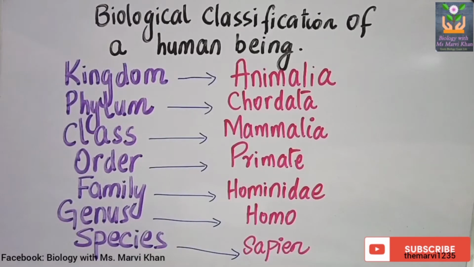Let's talk about the biological classification of a human being. We belong to kingdom Animalia. Our phylum is Chordata. The class for humans is Mammalia, the order is Primates, family is Hominidae, genus is Homo, and species is sapiens.